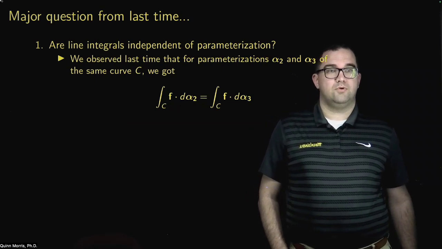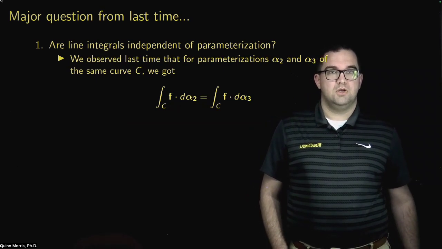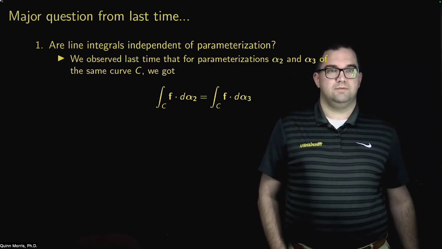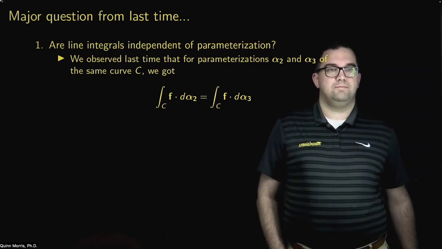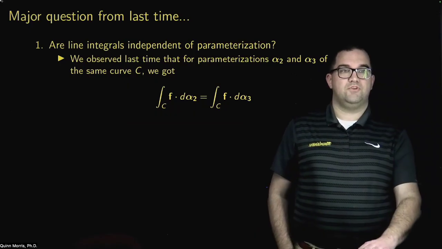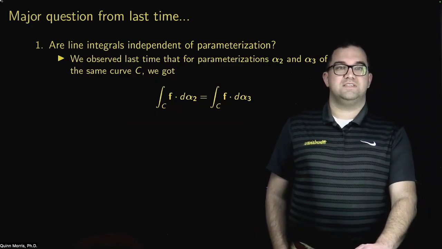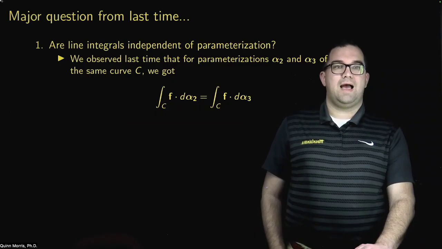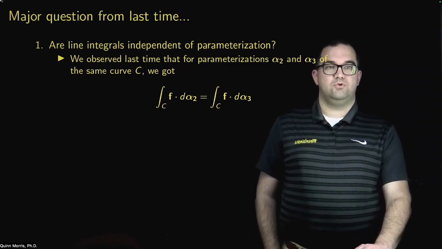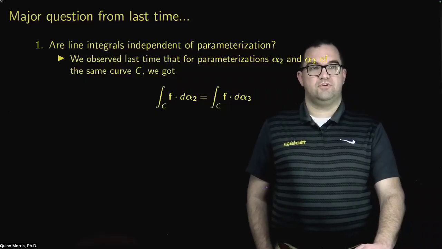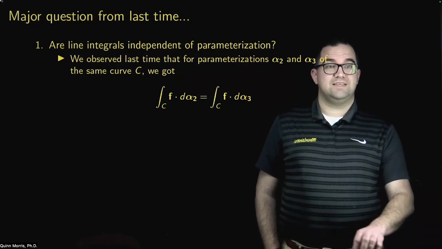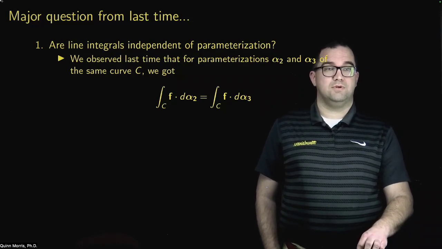And in this video, we want to address the first of those questions, which was, are line integrals independent of parameterization? So we observed last time that for two of our parameterizations, alpha 2 and alpha 3, of the same curve C, we got the same line integral for both parameterizations.